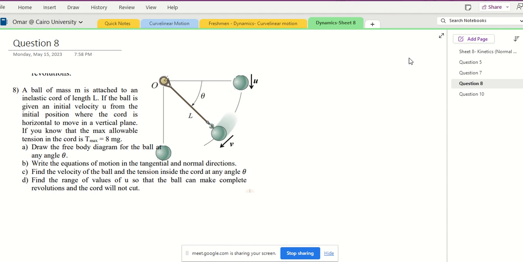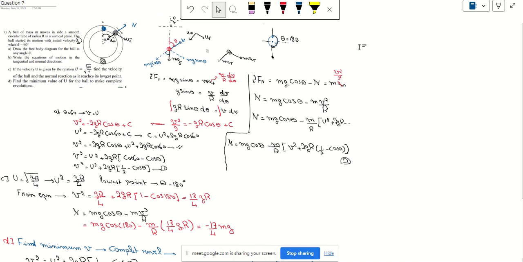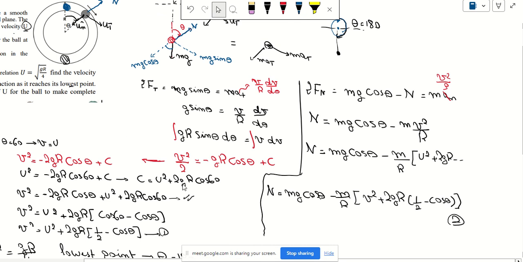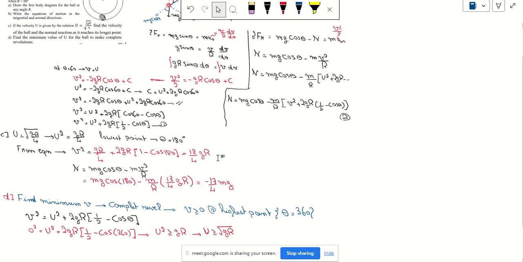Please, I have a question on question 7. Mg is acting downwards, but normal, is it not supposed to be acting in the opposite direction? Now normal has a negative sign, so it's acting in the other direction. But since we are dealing with a constraint type, there is no problem at all.